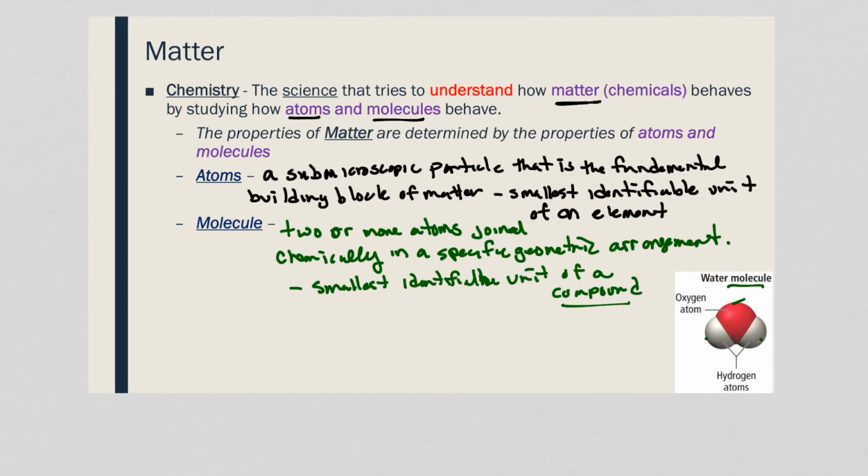So when we say they're joined chemically, meaning they're attached by chemical bonds. And with a specific arrangement, we can see the shape and how these atoms are bound together in a water molecule. And all water molecules will be this way. And so, atom, molecule.